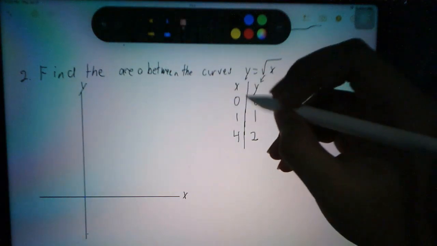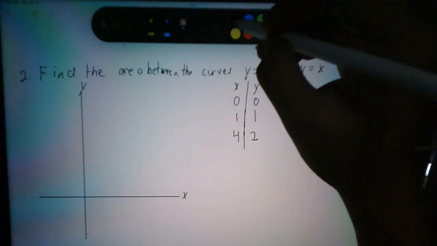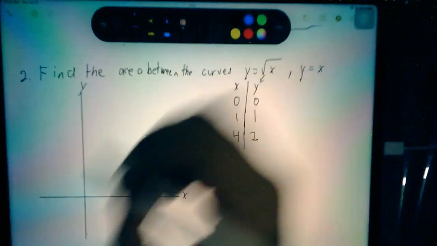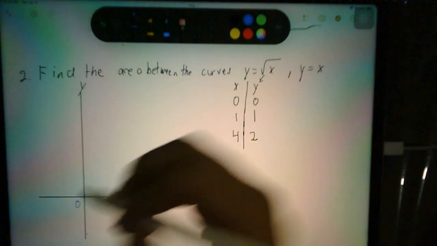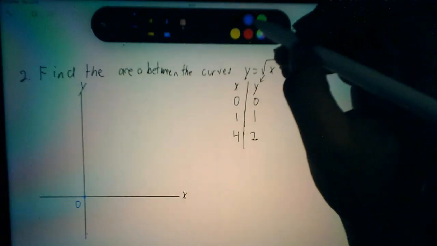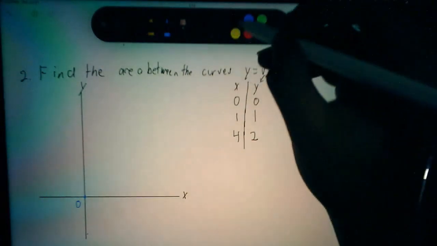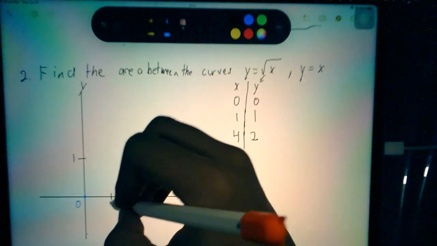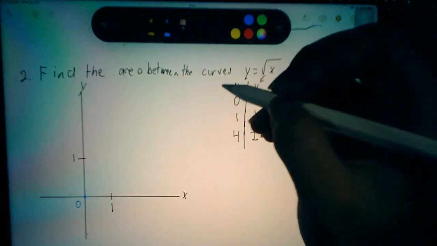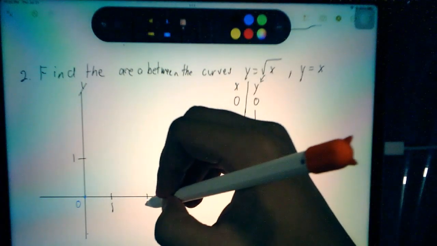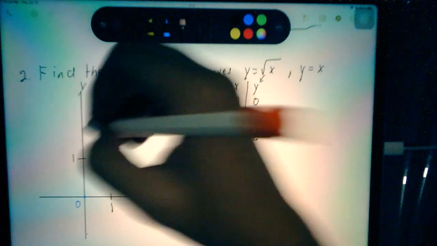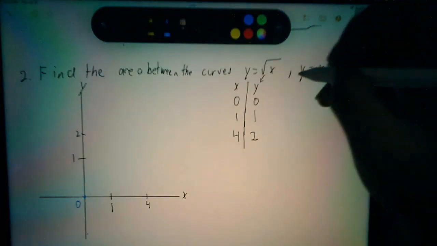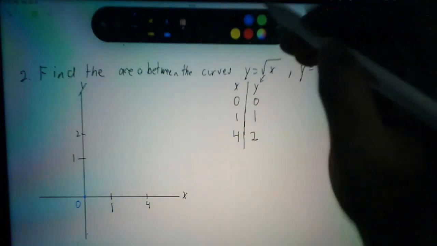So now we're plugging in the values: 0 to 0, 1 to 1, and 4 to 2.